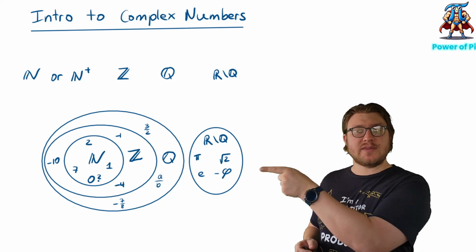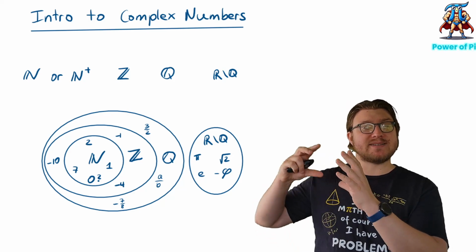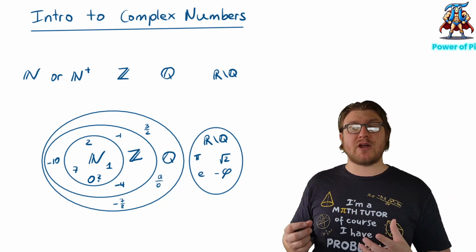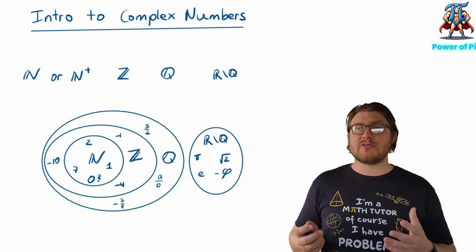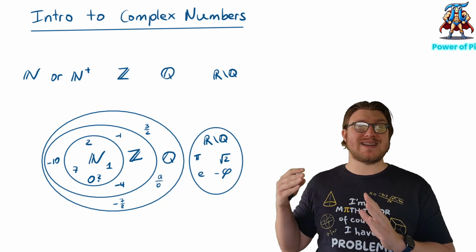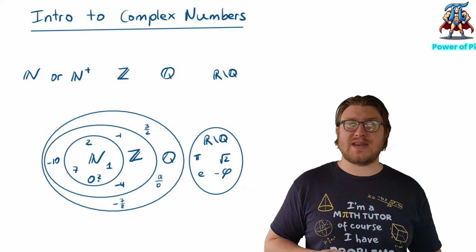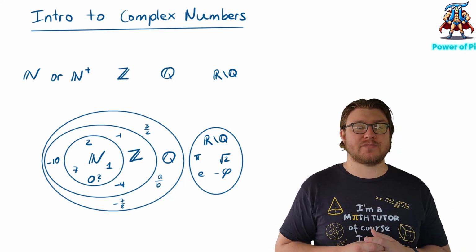So here at the bottom, we have all of our irrational numbers. And now these are separate, not including the others, because our fractions are not irrational numbers. Remember, irrational numbers have infinitely many decimal places and they're never repeating. Well, our fractions have exactly those repeating parts, so they can't be an irrational number.